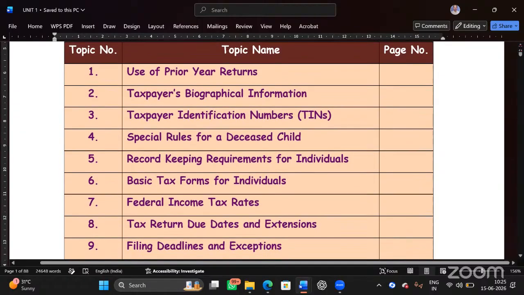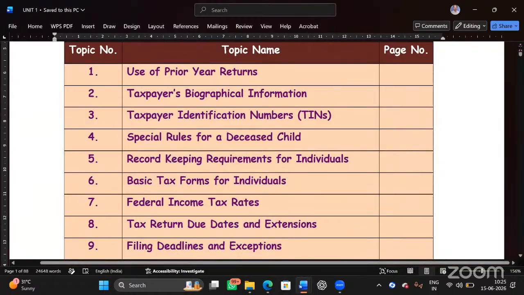Coming to third one, taxpayer identification numbers. In India, Income Tax Department is going to issue an important number, PAN, permanent account number. That kind of situation is not there in the US department. One common number will be issued, social security number.